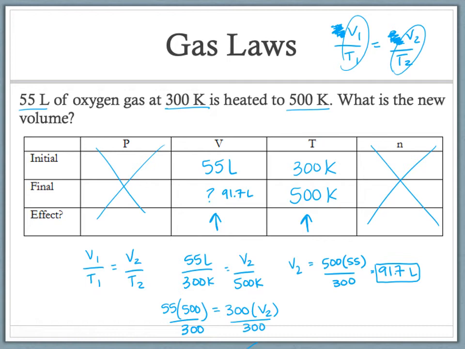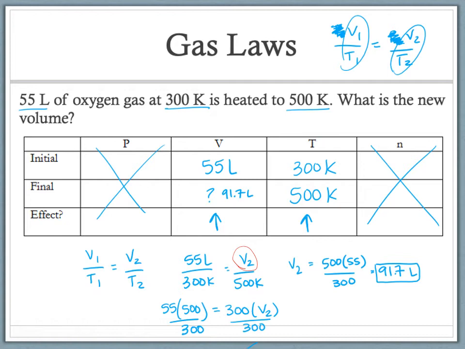Hopefully, when you did that, you got an answer of 91.7 liters. So we plugged in 55 liters for V1. We don't know V2, that's my unknown. We had 300 Kelvin for T1 and 500 for T2. So to solve for V2, I essentially cross multiplied here.